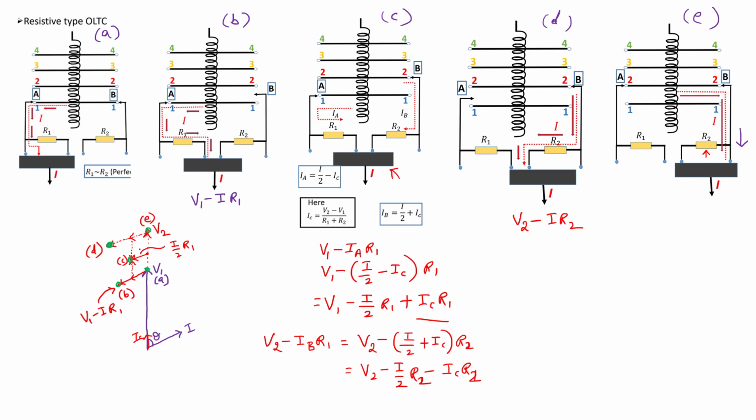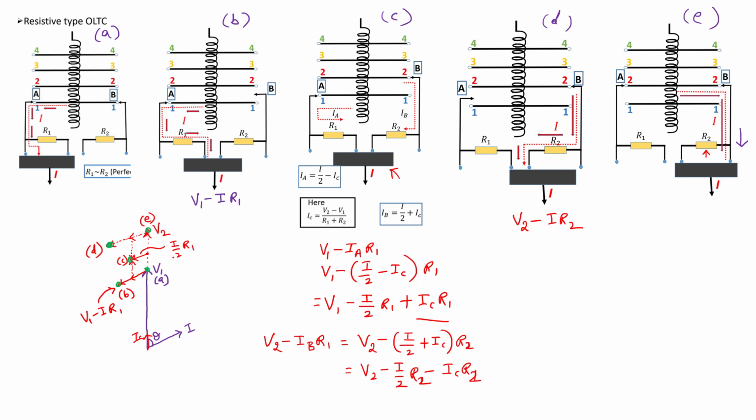The one difference you might have observed here, in position C, in the previous case, we were along the voltage phasor, but here it is a little bit different from the voltage phasor. Okay, so these are the fundamental ways of connecting on-load tap changers, both resistive type and reactive type, we have seen.